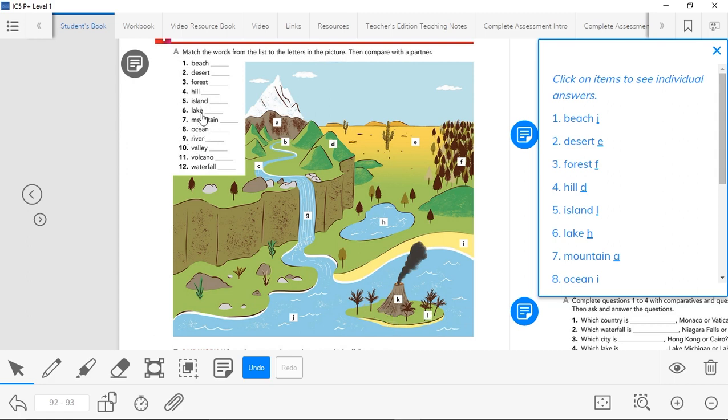The lake is H, this one, because it's surrounded by land. The mountain is A, this one. The ocean is I. Now the ocean is I. What? Beach and ocean, both of them are I?